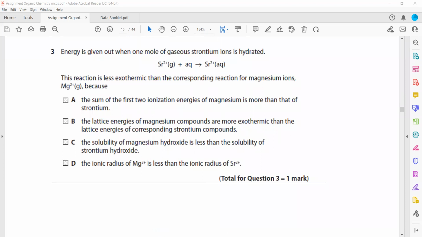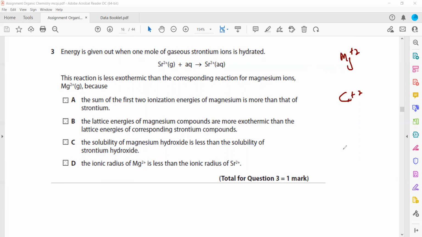Then this is about the hydration energy. Hydration energy is the energy released when ions in the gaseous state are surrounded by water molecules in aqueous solution. So this is less exothermic than magnesium. What is the reason for that? Because as we go down the group, hydration energy decreases. Magnesium will have a higher hydration energy compared to calcium.